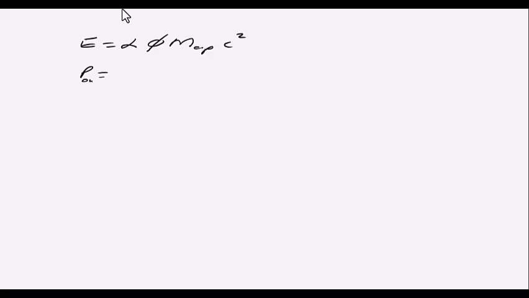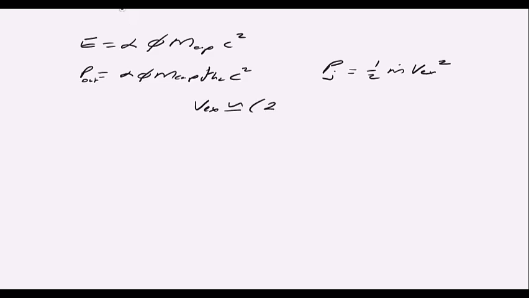So power out is equal to alpha phi m_cap f_Hz c squared. And remember, the jet power was equal to 1/2 m dot v exhaust squared, and it can be shown that the exhaust velocity is approximately equal to the square root of 2 alpha phi times the speed of light.